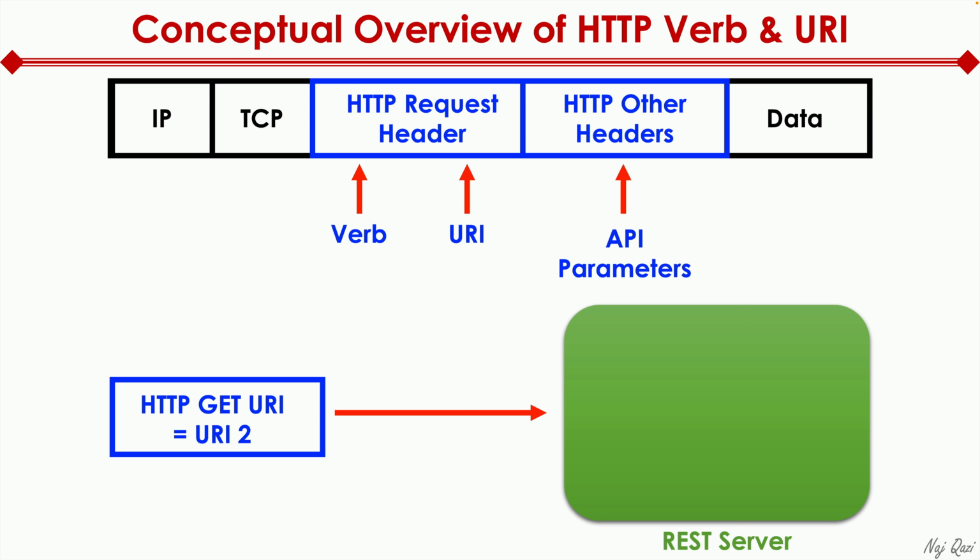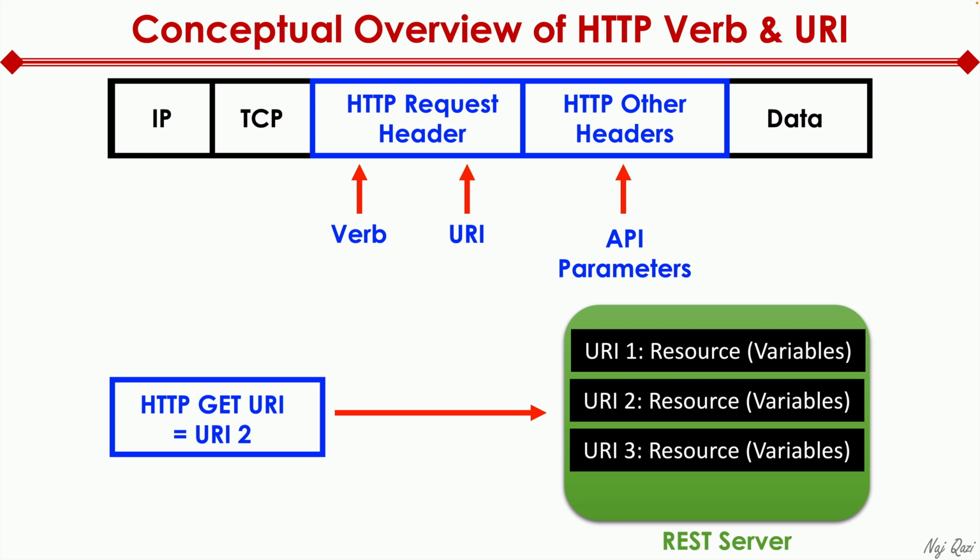I actually have a REST server, which in this case could very well be the SDN controller. It's got different URIs stored on it. URI 1 will have a resource and variables attached to that resource. URI 2, resource variables. URI 3, resource variables, and so on and so forth.